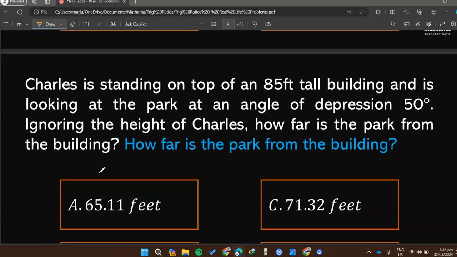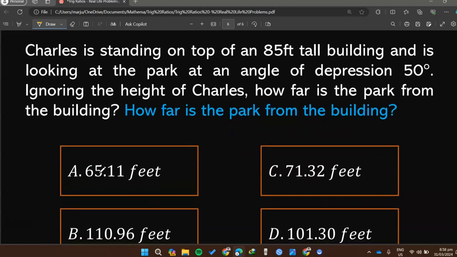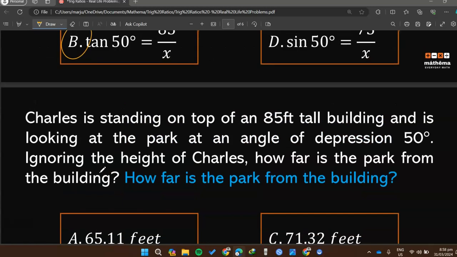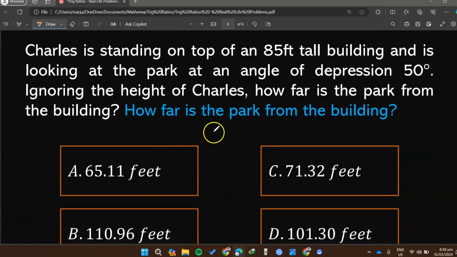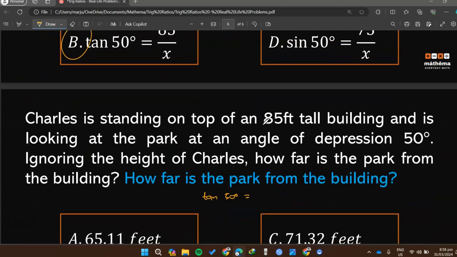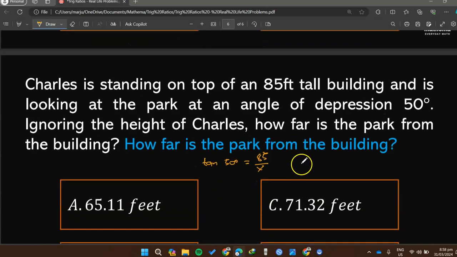Now for the last question, we are asked how far the park is from the building. From our working equation, tangent 50 degrees equals 85 over x, all we have to do is solve for x. Step by step, we will have x tangent 50 equals 85, and then divide everything by tangent 50 to get the value of x.